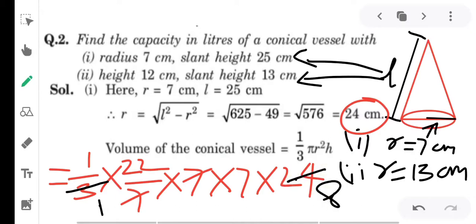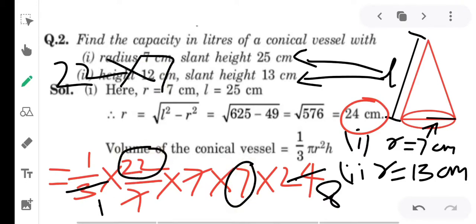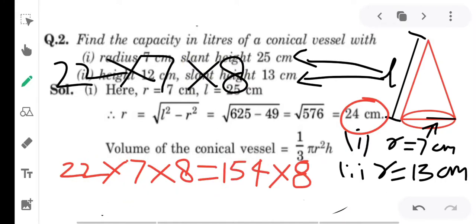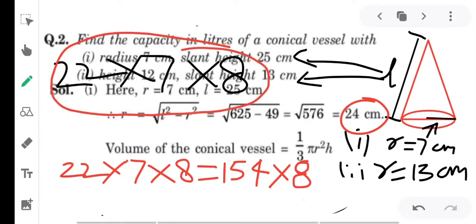So what are the remaining values here? There is the 22 remaining, right? There is the 7 remaining, yes 7, and this 22 is remaining, right? And the 8 is remaining, right? So we have to multiply these 3 values. Okay friends, 22 into 7 into 8, ये वैल्यू हमको यहाँ पर मल्टीप्लाई करना है.